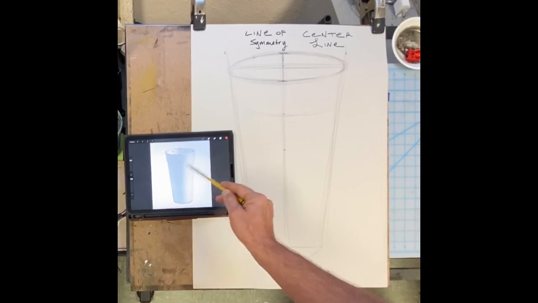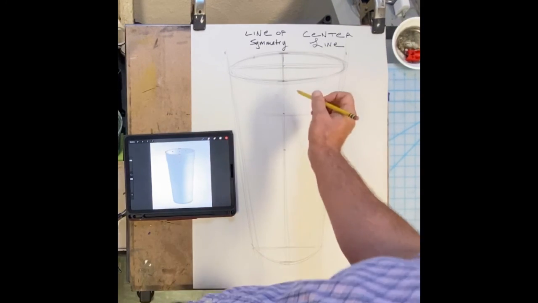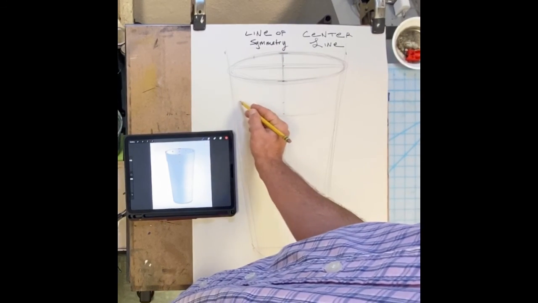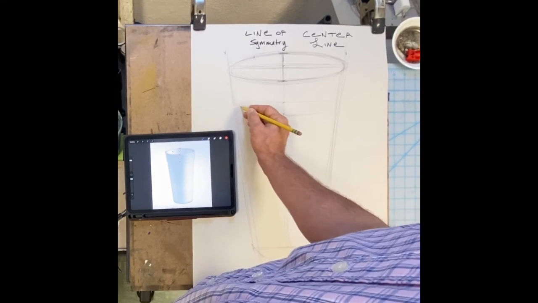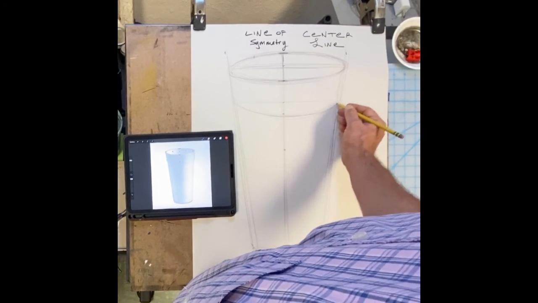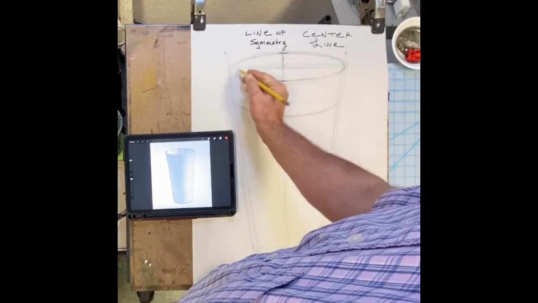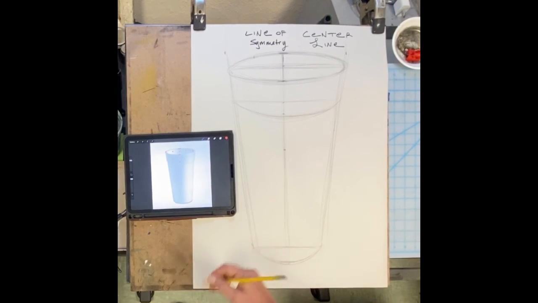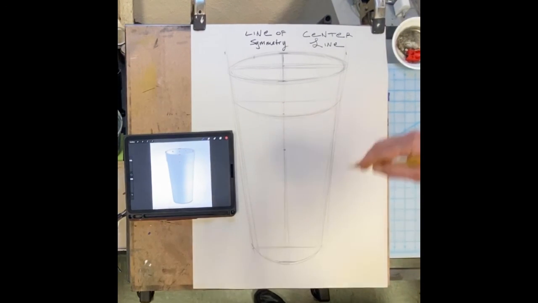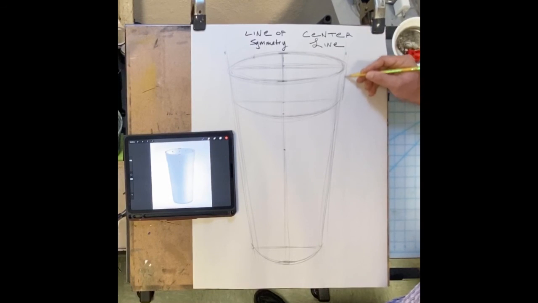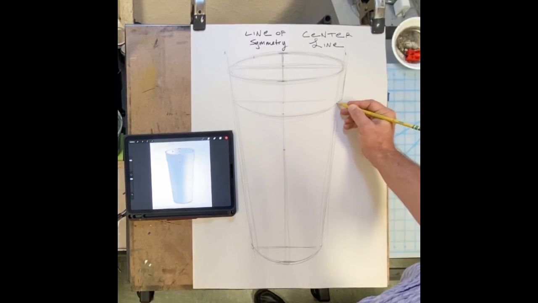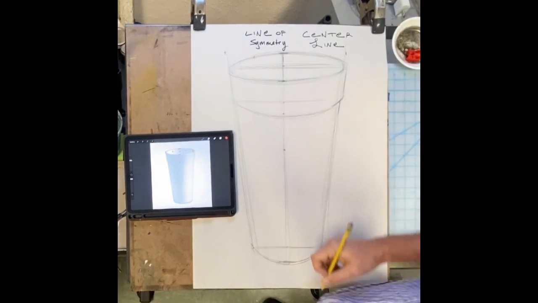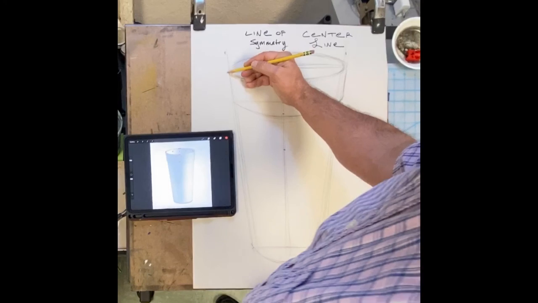But how do we know where it begins and ends? Well, again, we just move that ellipse down, draw a line across, and make sure that we have a reflection of this here as well as here. So those curves are all the same. Then all I have to do is move it out a little bit so that it extends outside of that simplified cylinder that we have.